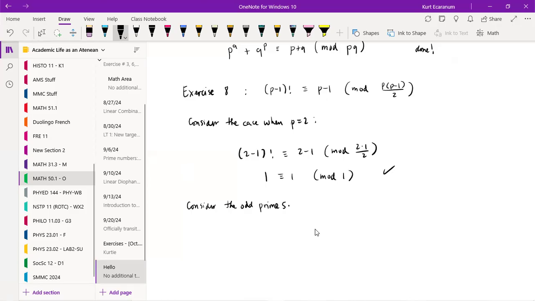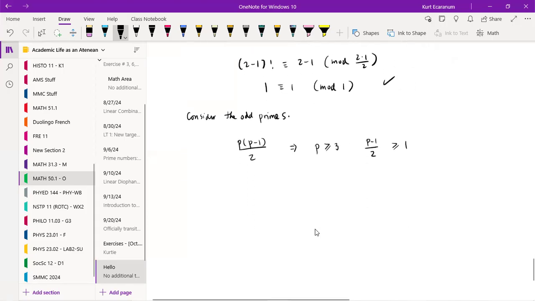Whenever you think about (p minus 1) over 2, diba, we just end up having a factor of at least 1 for it. p times (p minus 1) over 2 can be split into p and (p minus 1) over 2. This will be greater than or equal to 3, and this will be greater than or equal to 1. So we are safe doing this for all the odd primes. Okay.